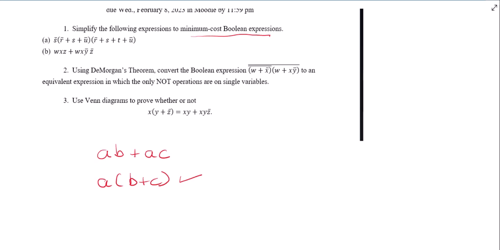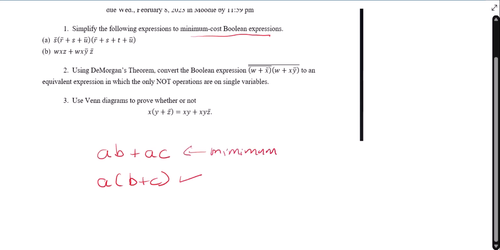And this one has 3 gates, 2 AND gates and an OR gate. So this is a minimum expression, what you would call a minimum sum of products, but it is not a minimum cost expression. So you want to minimize the number of gates when you are looking for minimum cost.